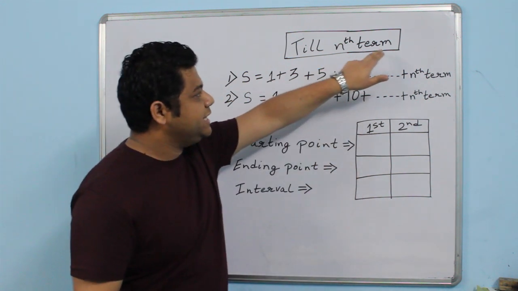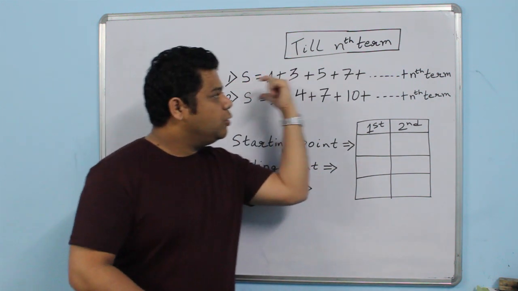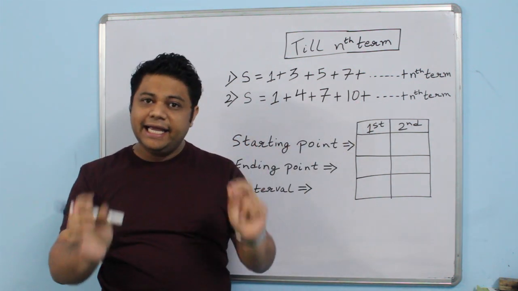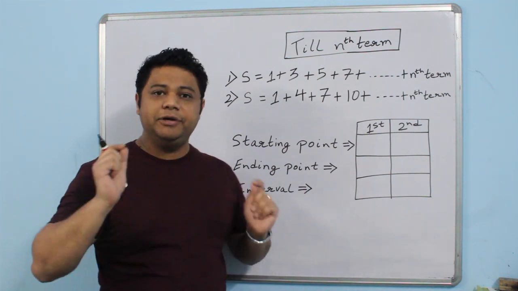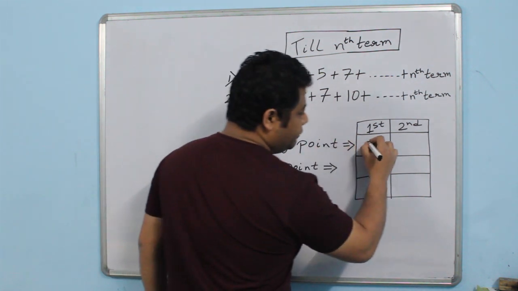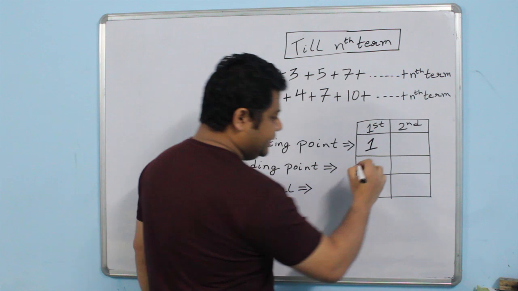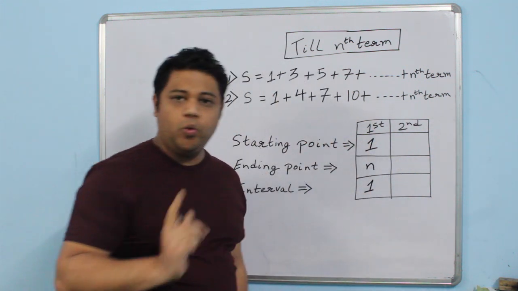Whenever we have an nth term, you are not supposed to look at what the series is about or what its starting point should be. For every nth term program, the starting point, ending point and interval are the same. Starting point will always be 1, ending point will always be n, and interval will always be 1.